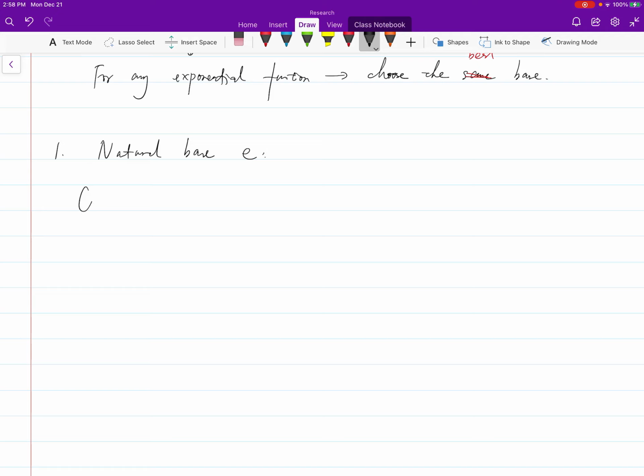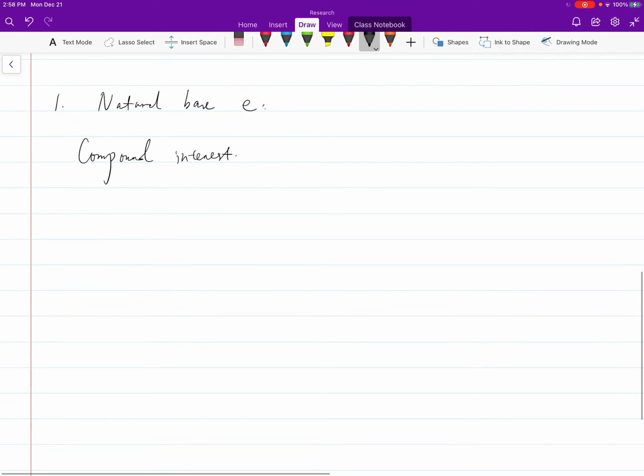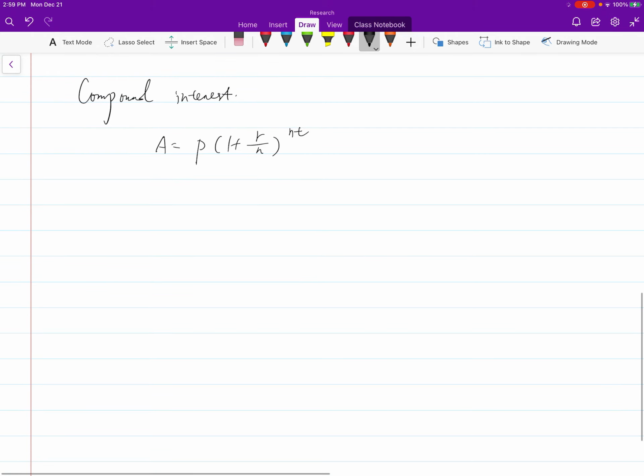Let's go back to compound interest. We talked about something like this. All right. Now we say we take some dollars. Let's just take $1,000 with the annual rate 12%.